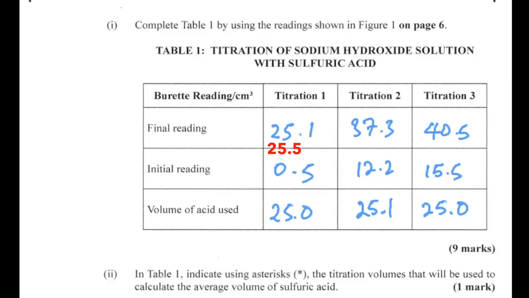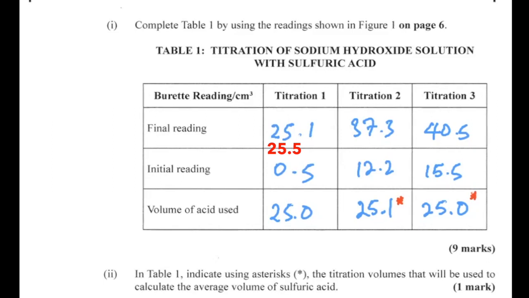Since the first one was considered the rough one, it doesn't necessarily mean we can't use it. But in this case, we have titration 2 and 3 that don't differ by more than 0.1. So we could just average those two. However, as I said earlier, if you decide to average 25 and 25, they will give you the mark at CXC.